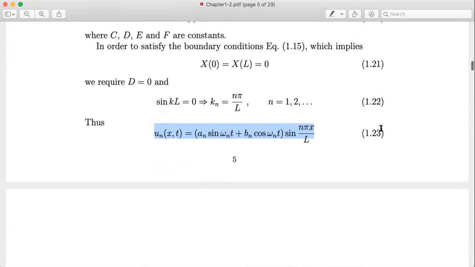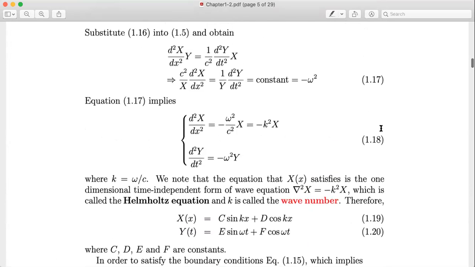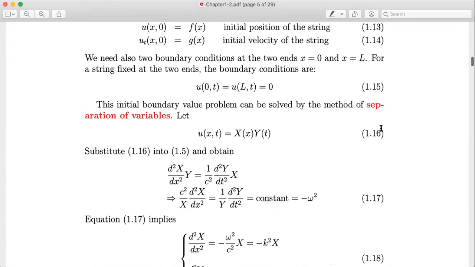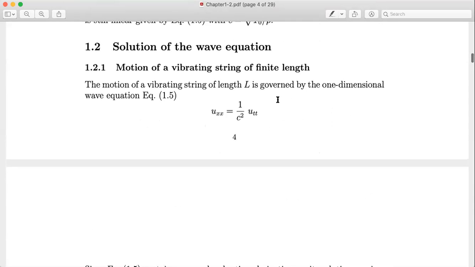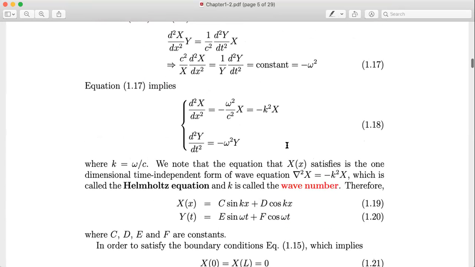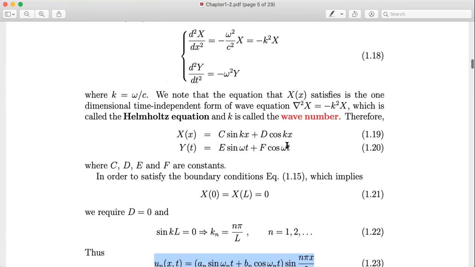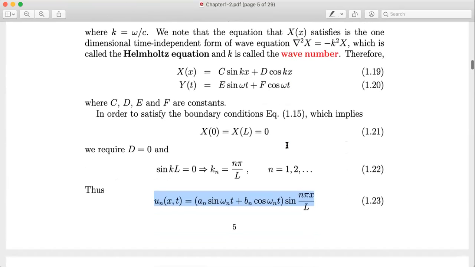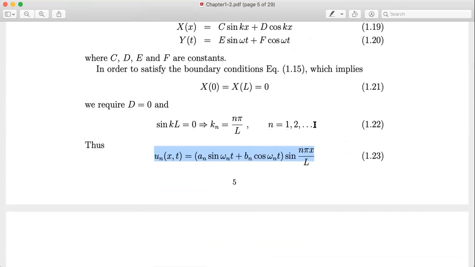So we have this normal mode vibration, but since the equation of motion, that is the wave equation, is linear, and also the boundary conditions are homogeneous, zero, then from what you learned in your 3051, the methods in theoretical physics 1, you know that the principle of superposition holds, meaning that a linear combination of all these particular solutions, these normal modes of vibration, will be a general solution.